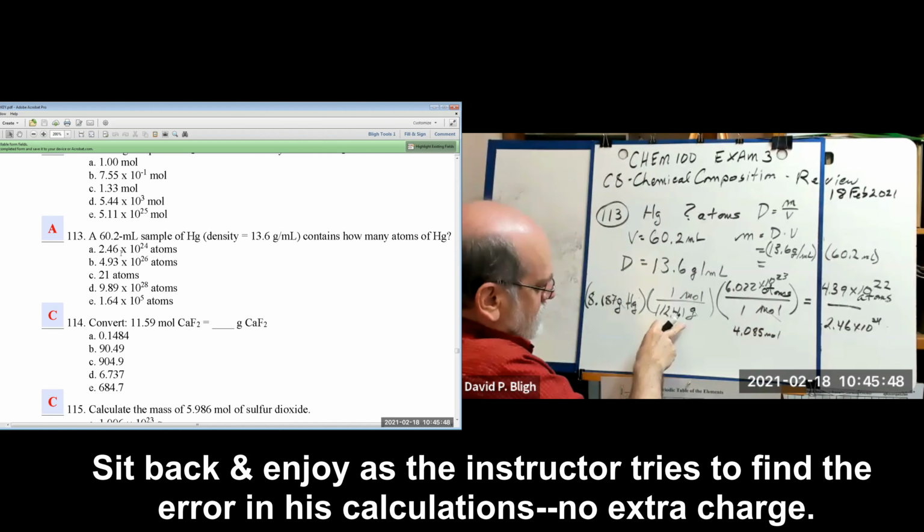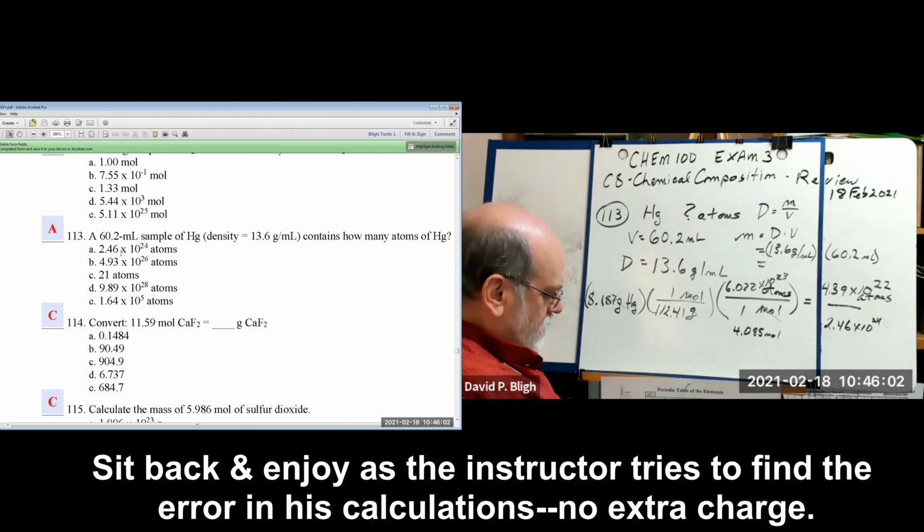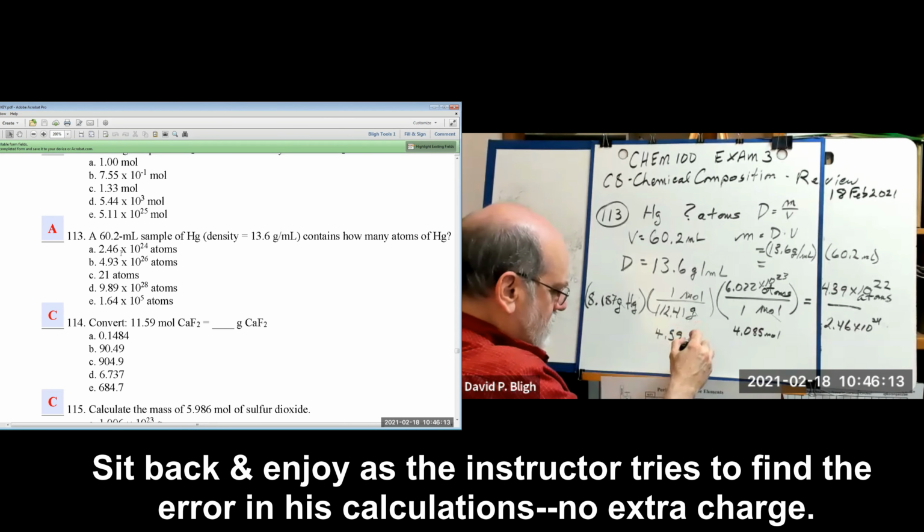And then we multiply this one right here, flip it so that we can cancel the moles. 112.41 times. So that's 4.59 times 10 to the second power grams.